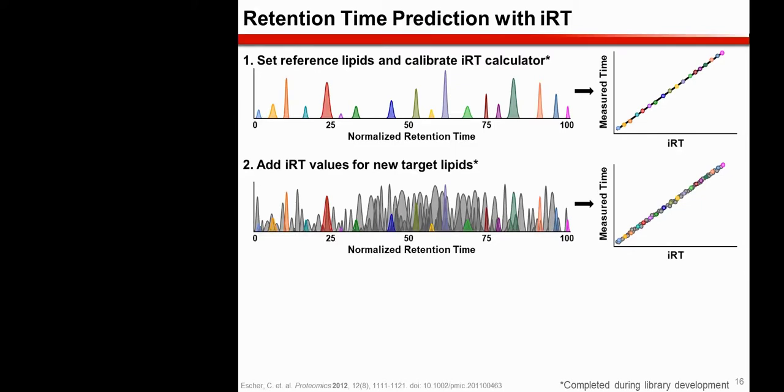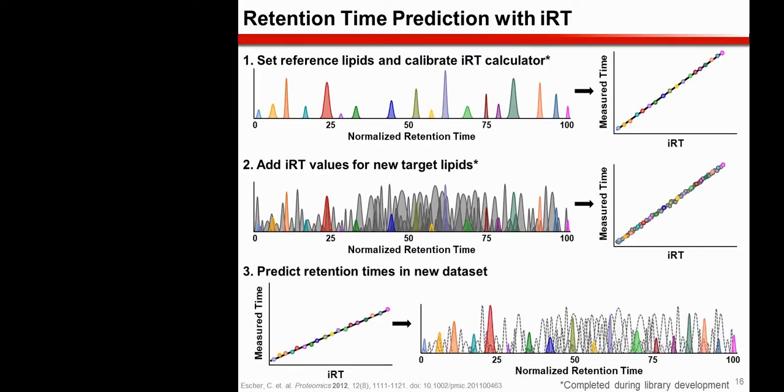Both of these steps are something that we handle while we're generating the library. And then someone who's using it would go in and use the iRT values to predict the retention times of all the lipids in a new data set, regardless of the gradient time they're using or any retention time shifts.